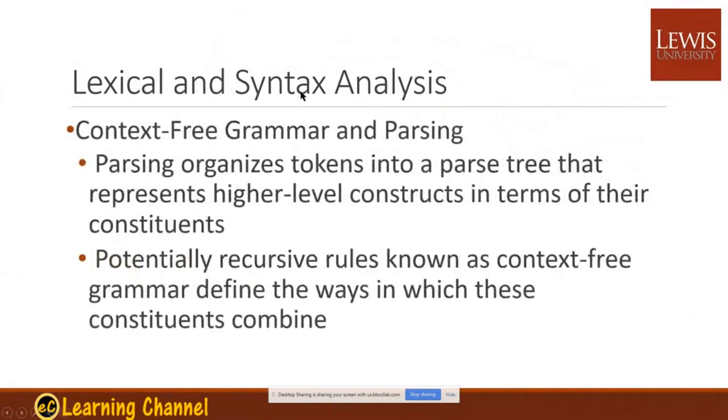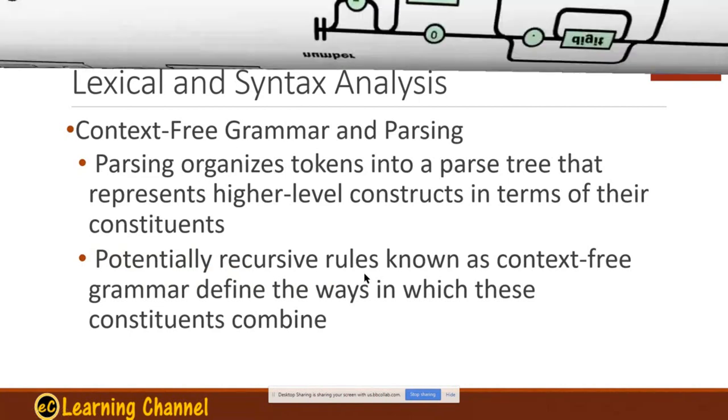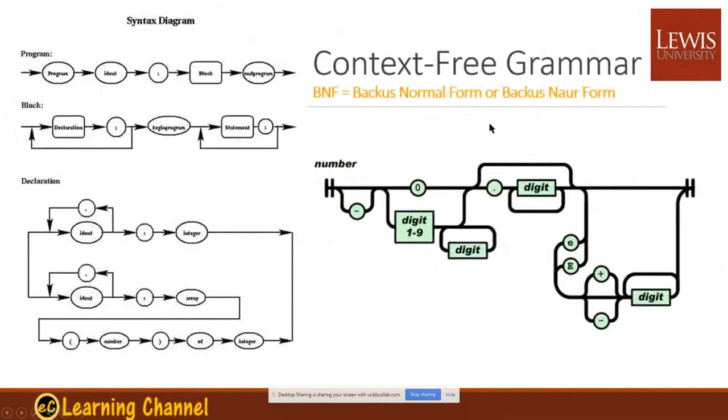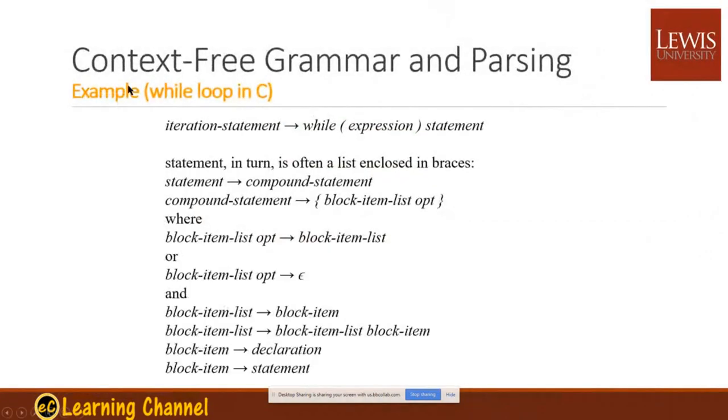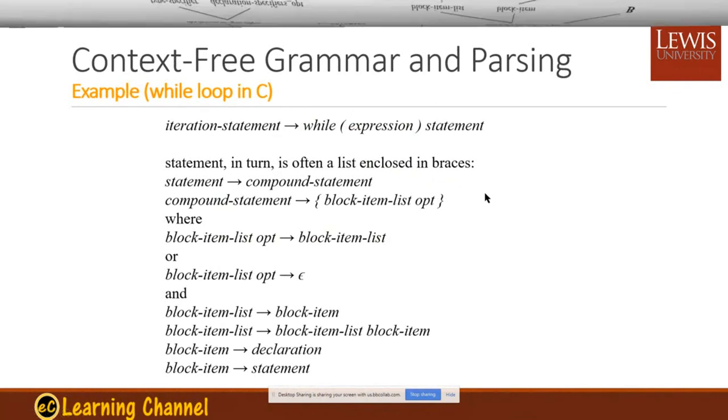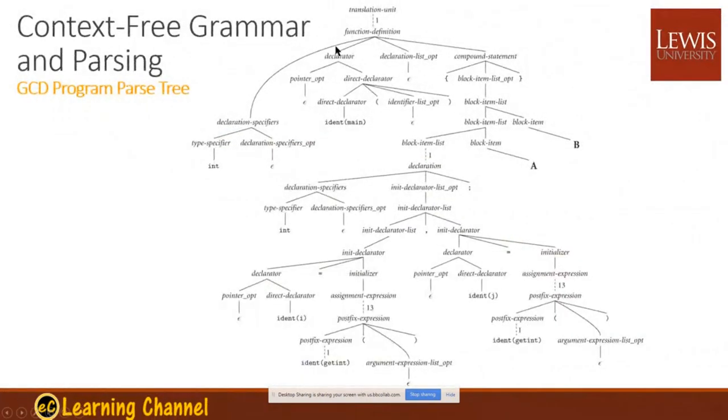Then based on those tokens, we analyze by the C grammar and pass it into a parse tree. That grammar is described by BNF, eBNF, and context-free grammar to define your language and parse it. So the end result we have is right here.